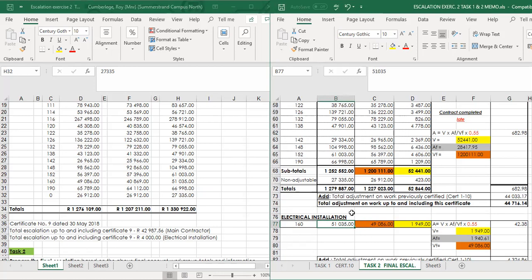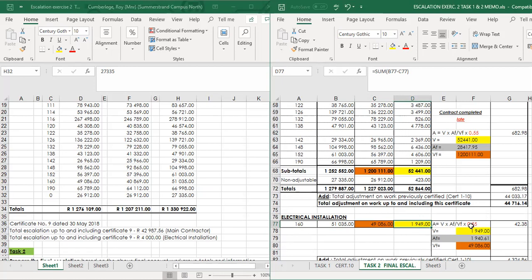So he will submit that and provide you with a final account figure. You've already certified 49,000 Rand, which is the VF in this case, subject to escalation. So the outstanding amount due to the nominated subcontractor is 1,949 Rand, which is the V value, subject to escalation.